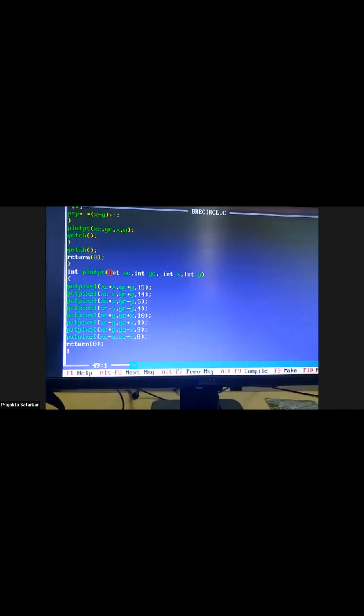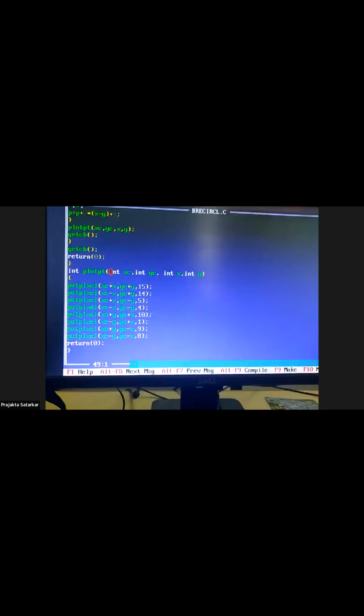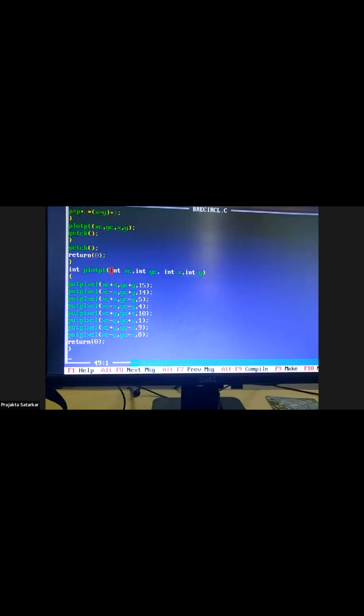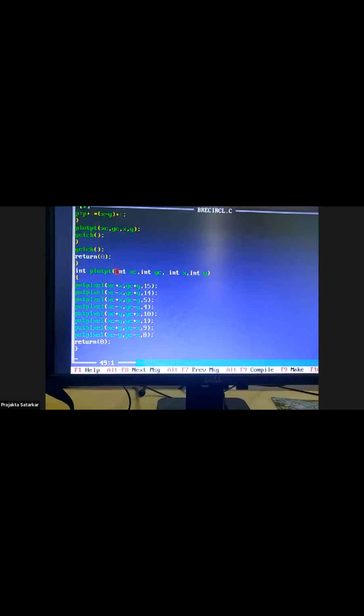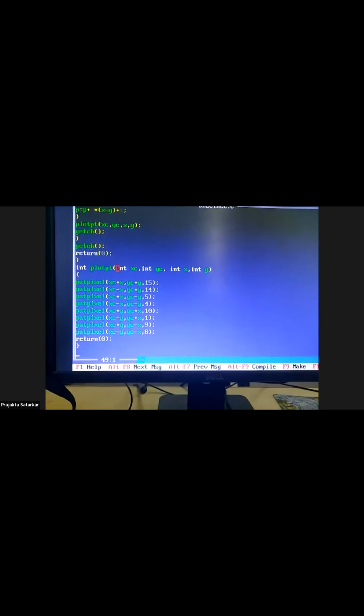So these are the 8 points you are going to get with a single call of the plot point function. These are the 8 pixels we are going to plot on the screen. So here we get 8 points with 1 coordinate only. And this is your program as a whole.